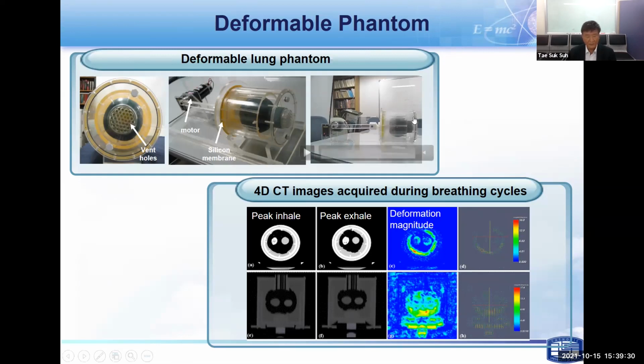And based on this phantom, we developed a more advanced lung phantom with UC Davis, which I already discussed previously. But I think it's still challenging to develop a 4D deformable moving phantom to simulate exact deformable motion of the patients.